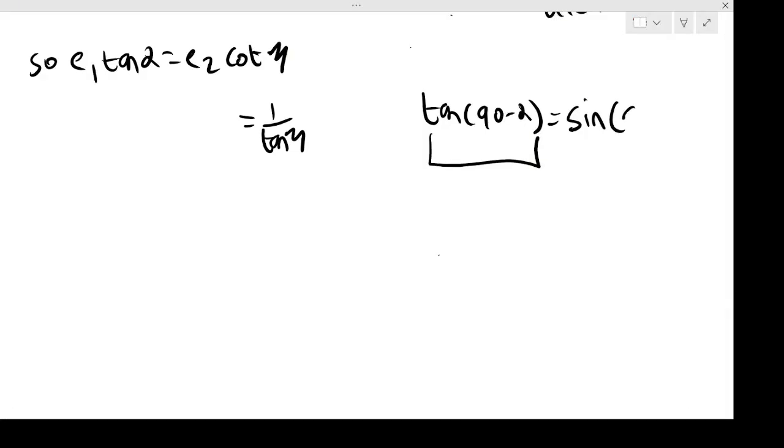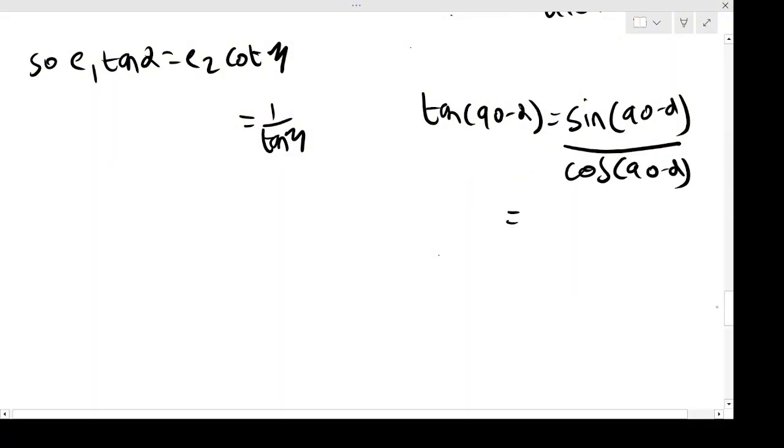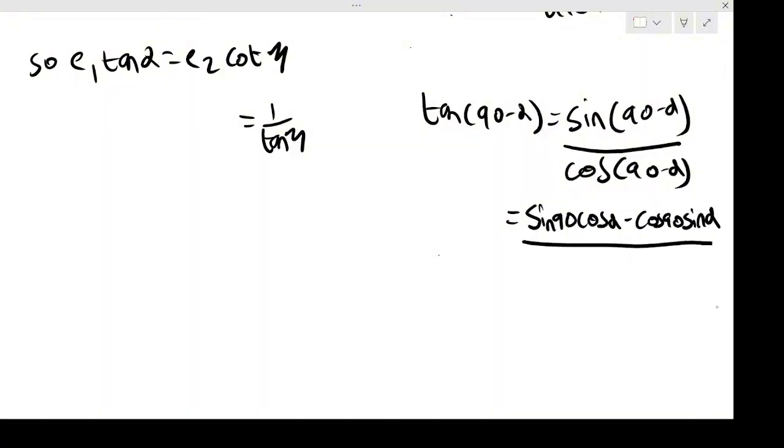If you were to expand that, using the addition formula, hopefully you're convinced that the numerator will go to sine 90 cos alpha, take away cos 90 sine alpha. And then for cos, if we expand this, we get cos 90 cos alpha plus sine 90 sine alpha.